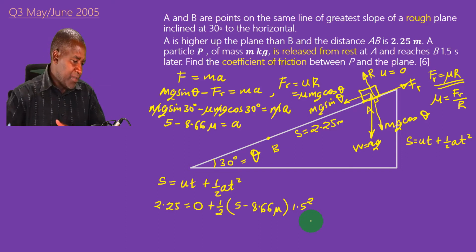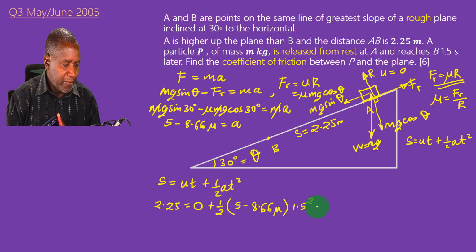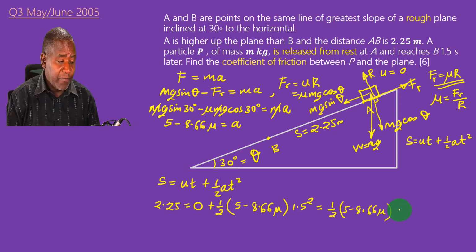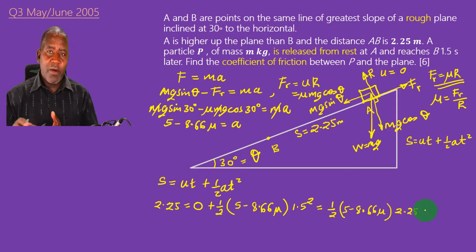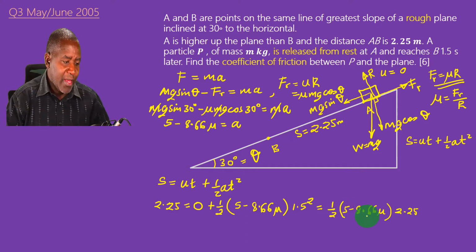So let me see. What is 1.5 squared? So here I'm going to have a half into 5 minus 8.66 mu, and I have 1.5 squared is 2.25. Notice how the examiner gives you very comfortable values that cancel out so well. Here I can divide by 2.25 both sides, and I get 1. So multiply both sides by 2.